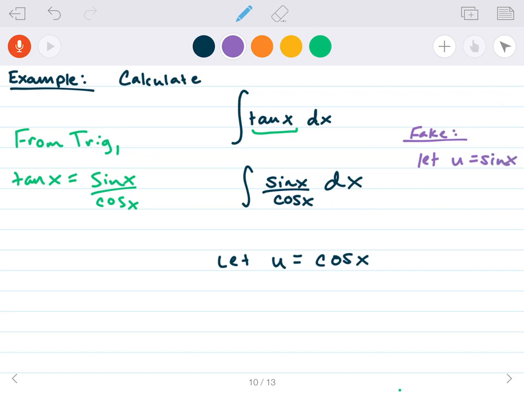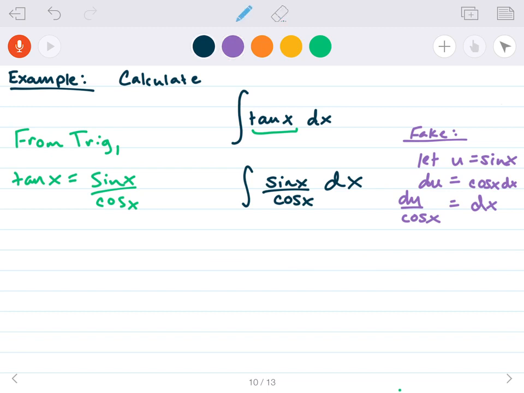So if we let u equal sine of x, then du is going to equal, well, the derivative of sine is cosine. Then we isolate dx, and we get dx equals du over cosine. So let's get rid of the real one here.